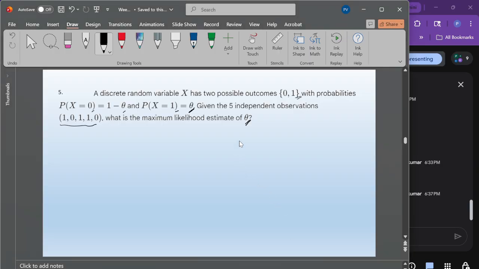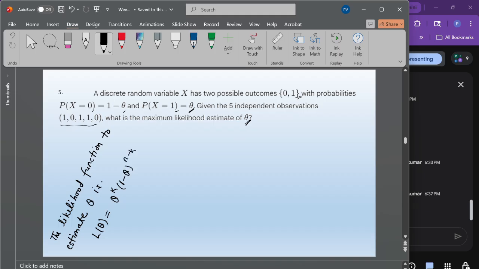Okay, so let's solve this question. Here, since x is a random variable with the probability of x equal to 1 being theta, and the probability of x equal to 0 being 1 minus theta, the probability mass function, or the likelihood function, to estimate theta is L of theta, which is theta to the power k times 1 minus theta to the power n minus k.